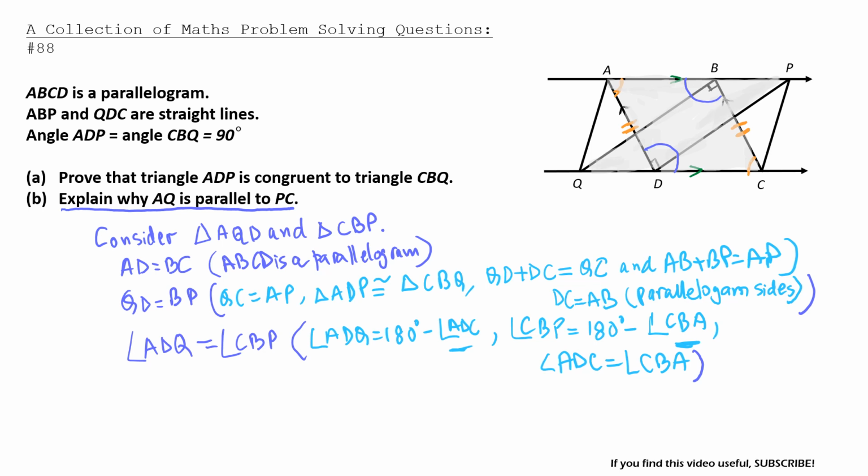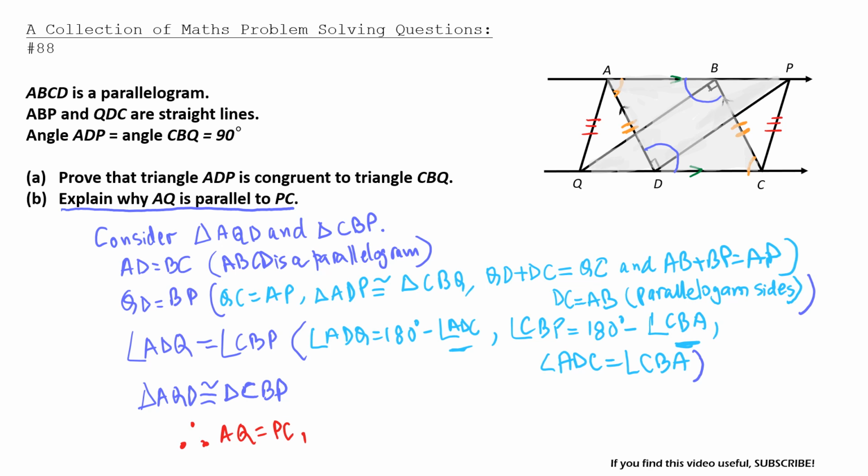Okay, and then that means two sides including angle, so we've now got AD and BP, and the including angle. That's done, right?